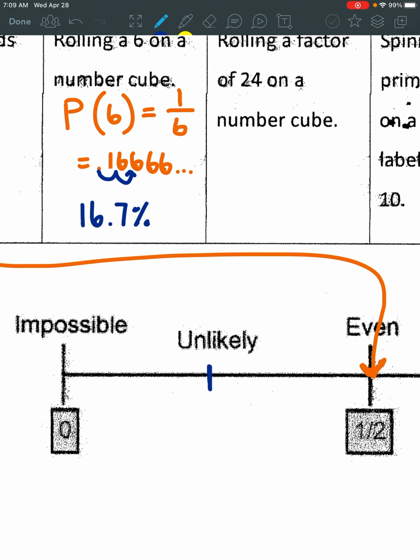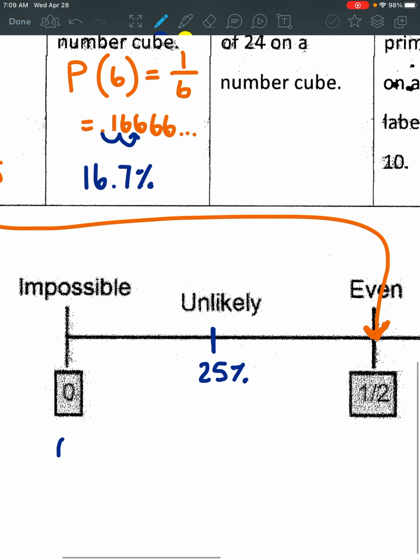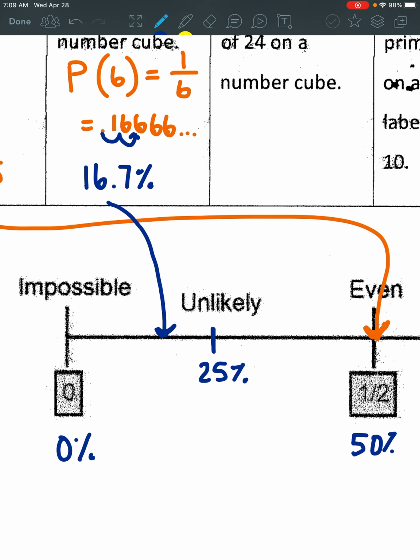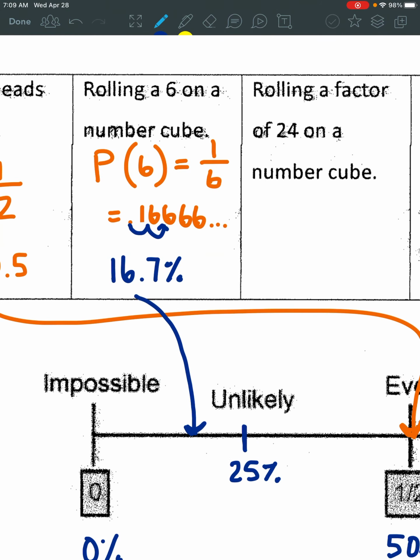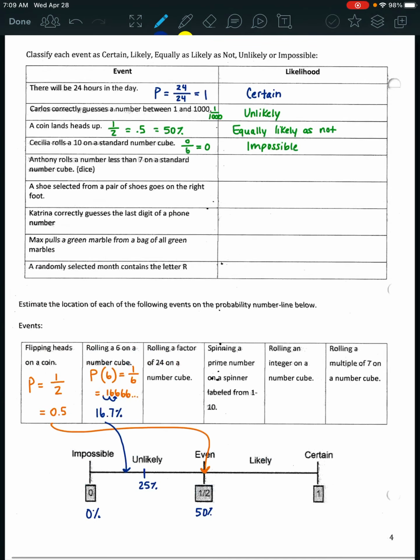And remember, right in the middle is 50, so this is about 25%. So if we were putting this on the number line, and here are some helpful percentages, this would maybe go right in here. So this is an unlikely event. Okay? Again, keep working on those, and we'll go over some of those answers in class.